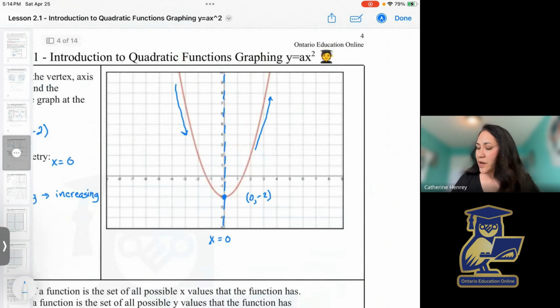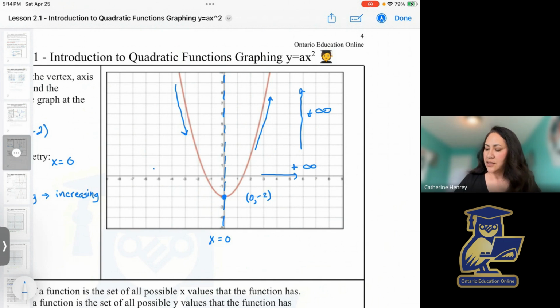As x values go towards positive infinity, the y values keep going up and up and up, and they move towards positive infinity. On the other side, as the x values move in the opposite direction towards negative infinity, getting more and more negative, the y values are still going up. They are still moving towards positive infinity.